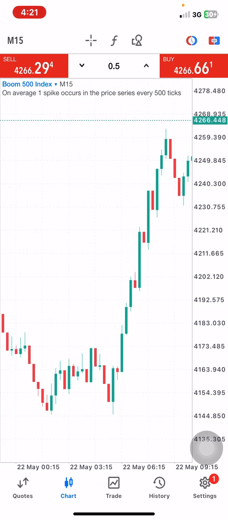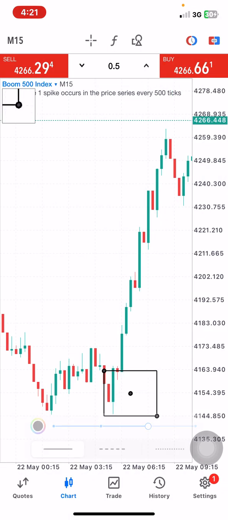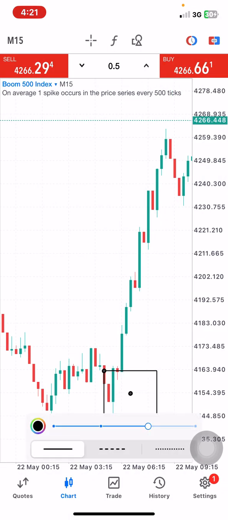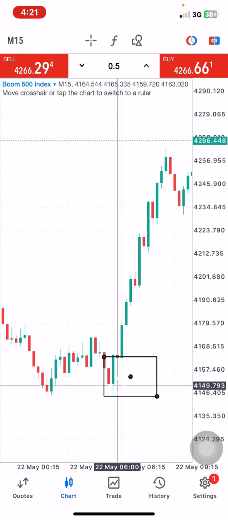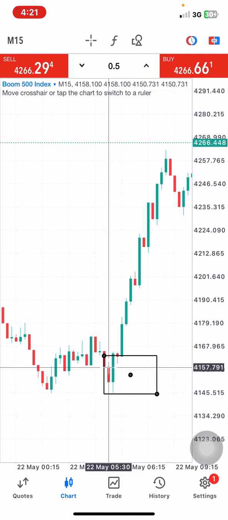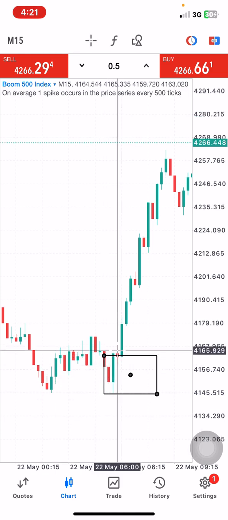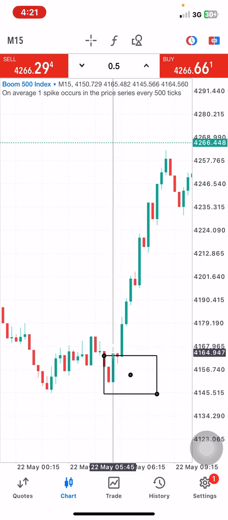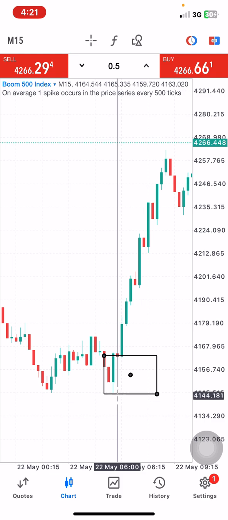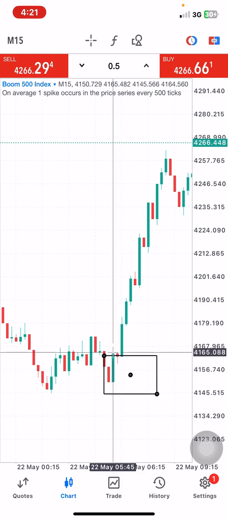This is the point you're supposed to take your entry. You can see at this point, this candlestick that closes here removed a long leg here. There's a long leg here, and there is no long leg at the top.